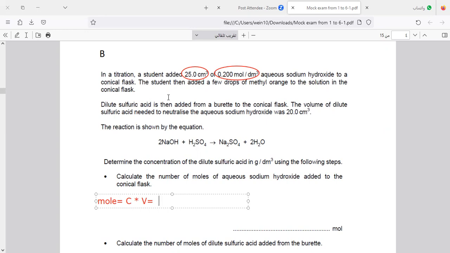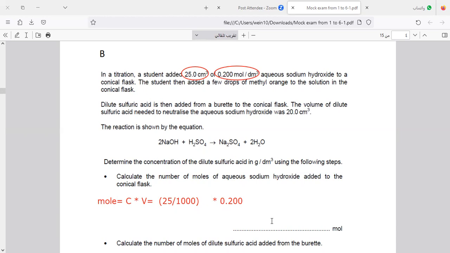Concentration 25, you must convert 25 into cubic decimeter. You must divide 25 by 1,000 first of all. After that, this is the volume, okay? Multiply by the concentration. Concentration, as you see, this is 0.200. But first of all, you must convert a cubic centimeter into cubic decimeter.